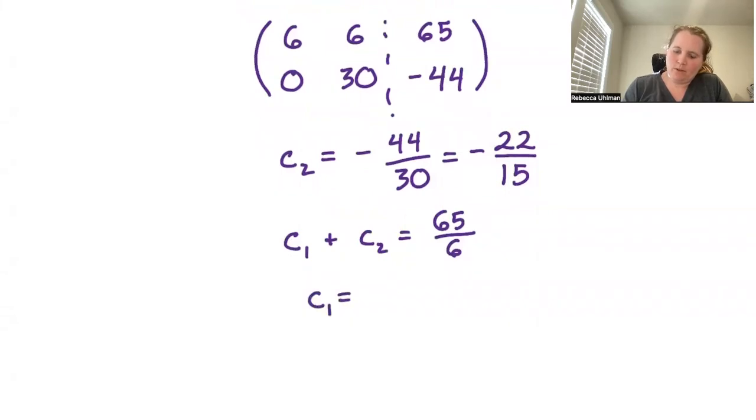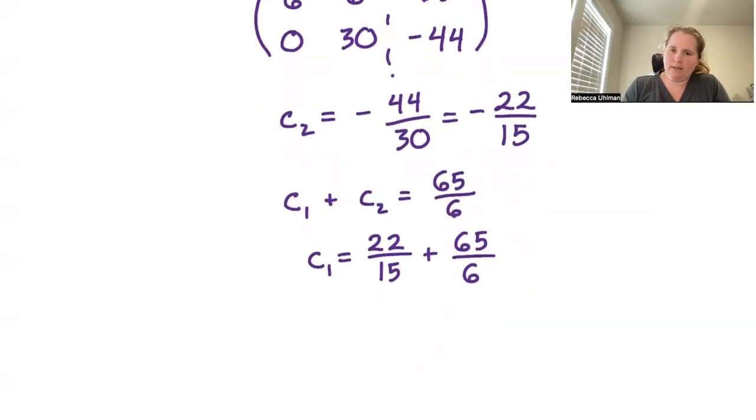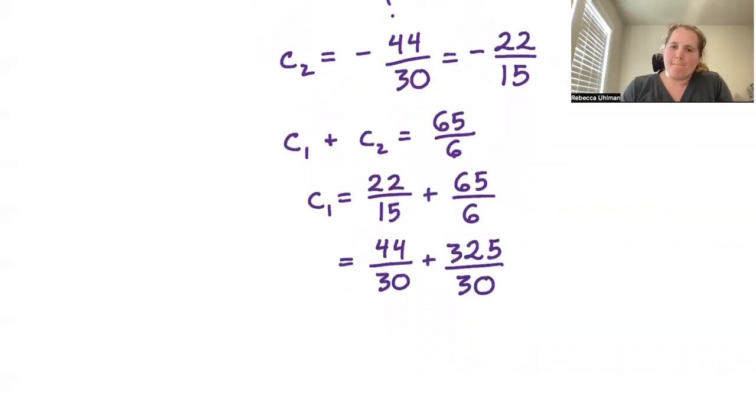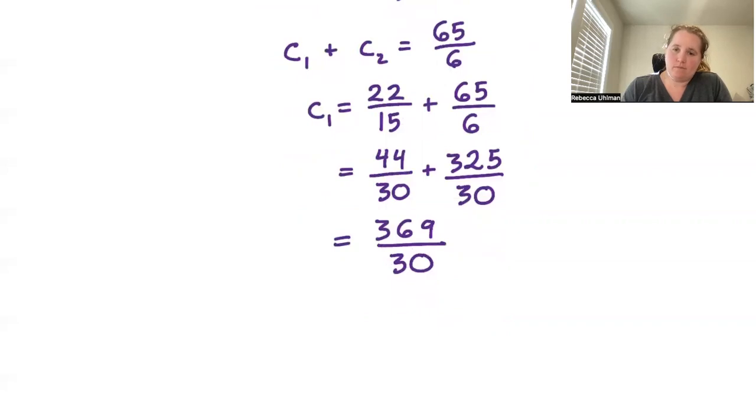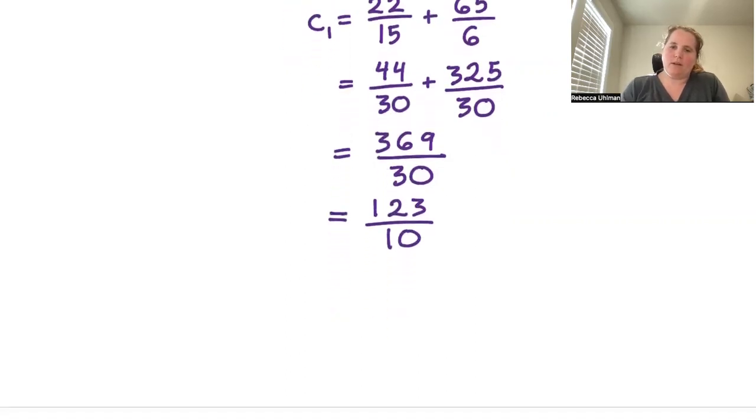So C1 would be 22 15ths plus 65 sixths, otherwise known as 44 30ths plus 325 30ths, or 369/30. Dividing by 3, we're left with 123/10.